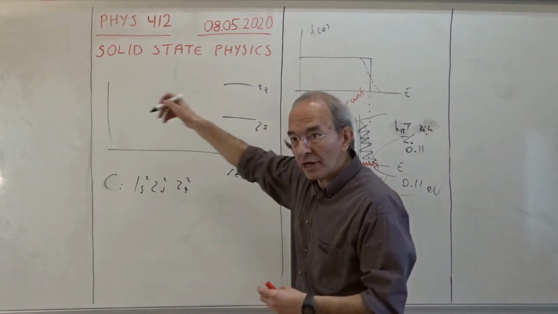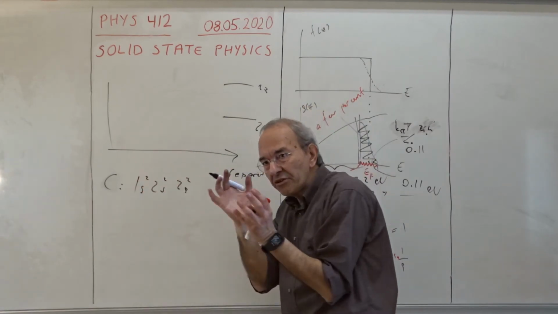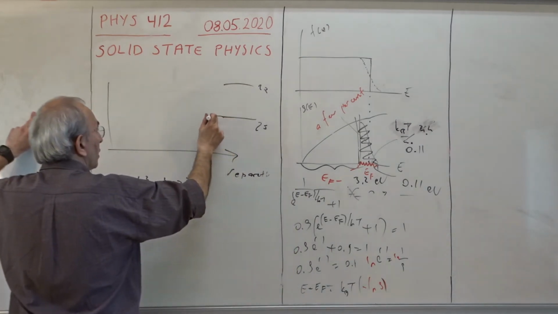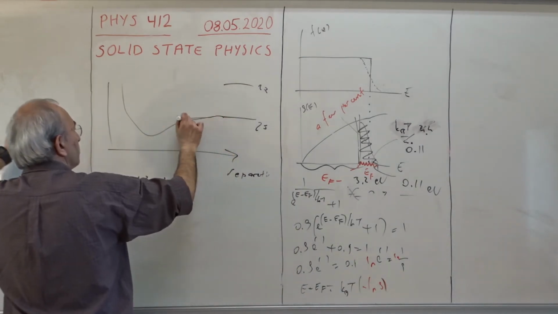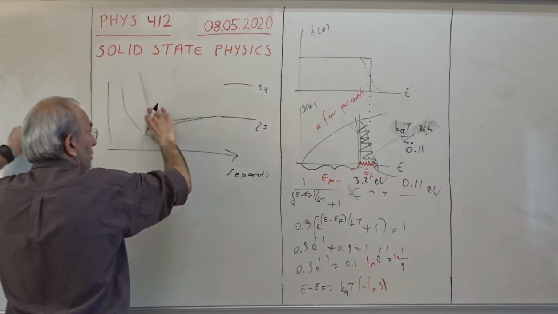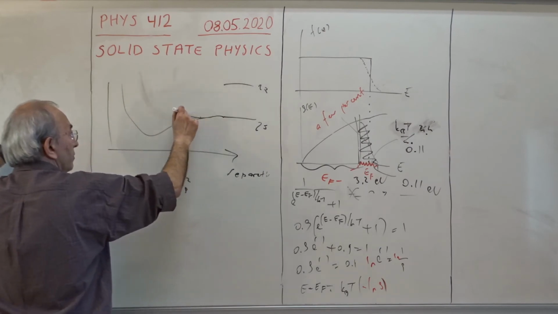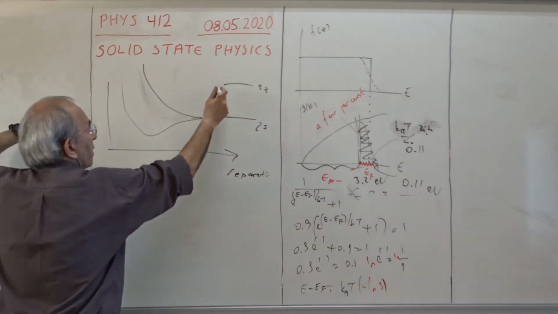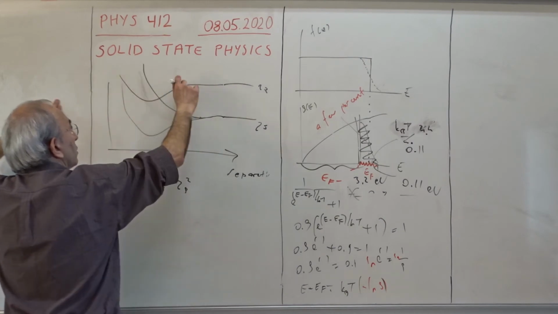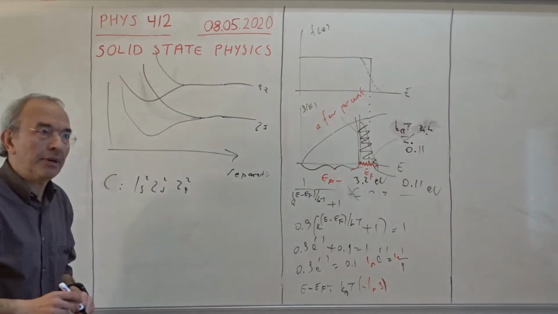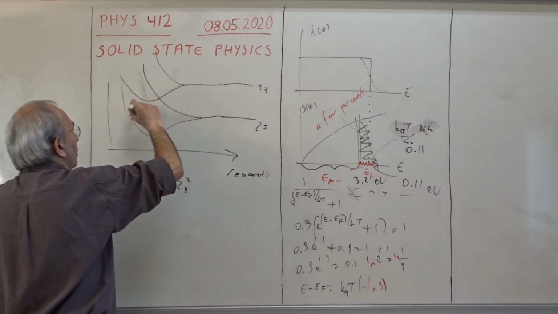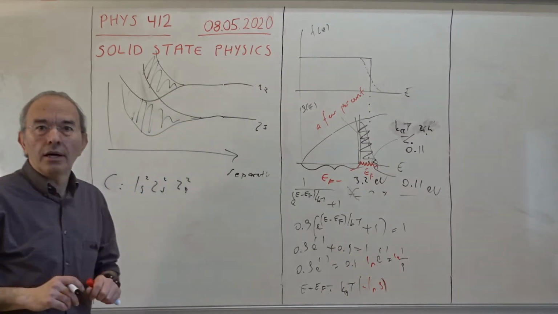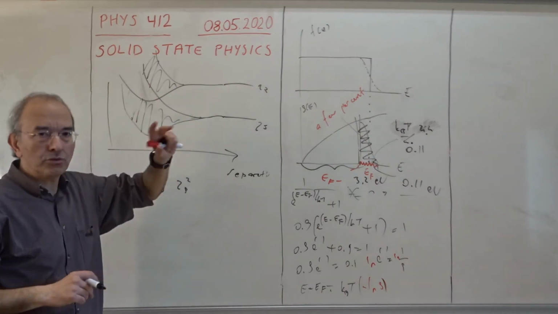However, as we go from right to left, making the atoms nearer and nearer to form a crystal of n atoms, this will split into a band, and this will also split into a band. So these are the 2p band and the 2s band.